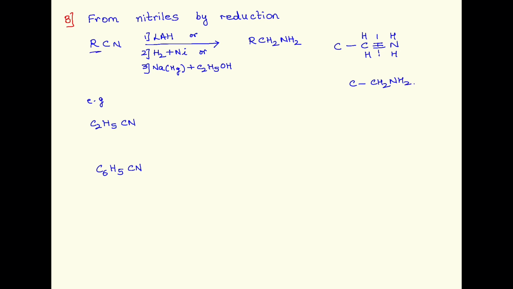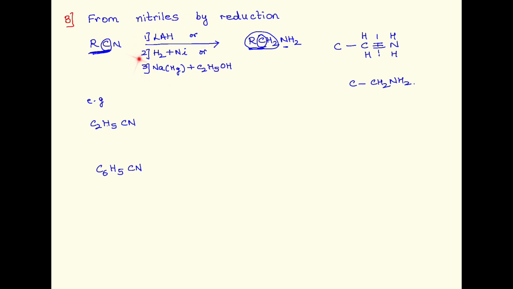Look at what you had over here, R and a CN. This changed to RCH2NH2. In other words, the carbon which was part of the functional group now gets reduced and becomes a part of the alkyl chain. Although while naming, yes, we count it as part of the chain only, but here this becomes a CH2. So would you like to try?